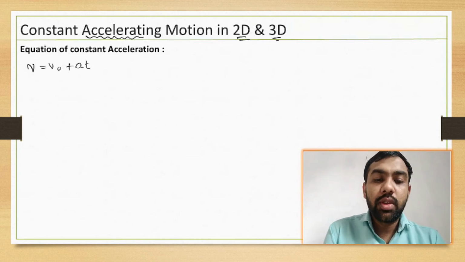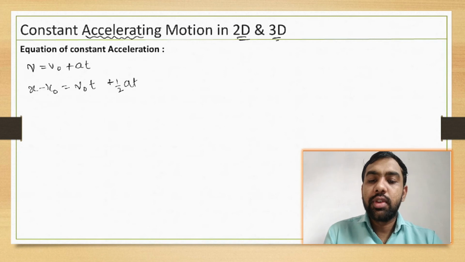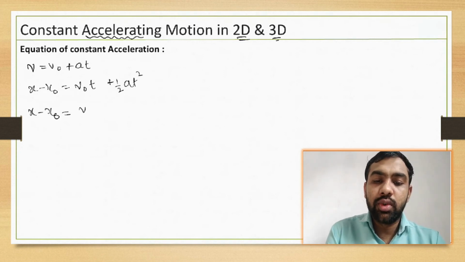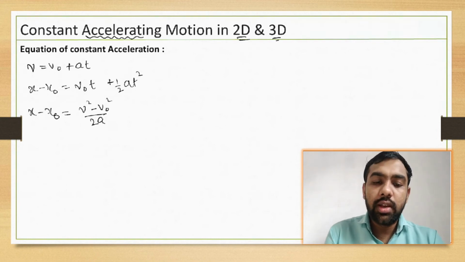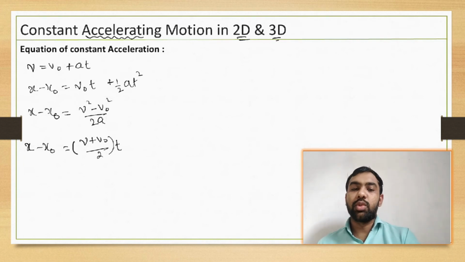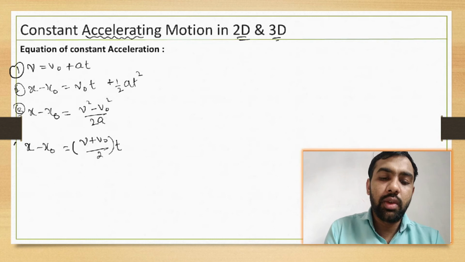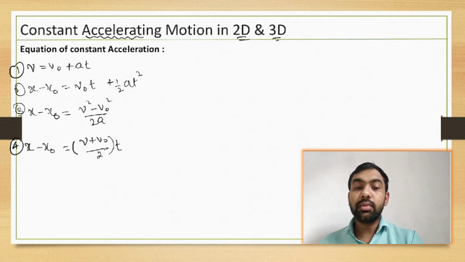Second equation, x minus x0 is equal to V0t plus 1 half at square. Next, x minus x0 is equal to V square minus V0 square upon 2a, and x minus x0 is equal to (v plus v0) upon 2 into t. So these all are equations of constant accelerating motion: equation number 1, 2, 3 and 4.